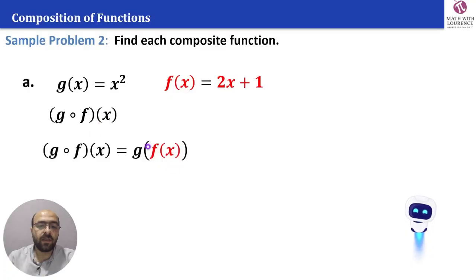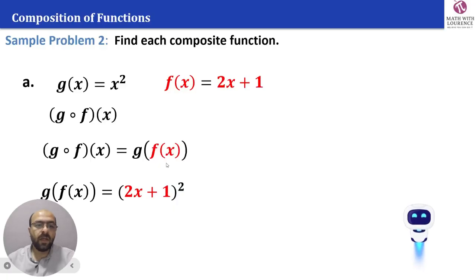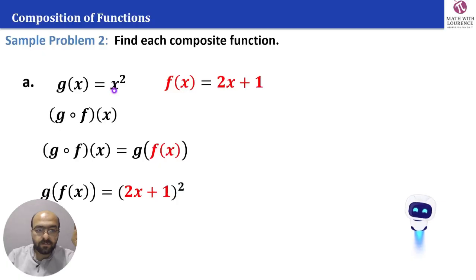I will write it like this to make it easier: start with g and, between two brackets, f of x. I have g of x, what is it? Excellent, it's x squared. So I will remove x and open two brackets, squared, because here I have something squared.